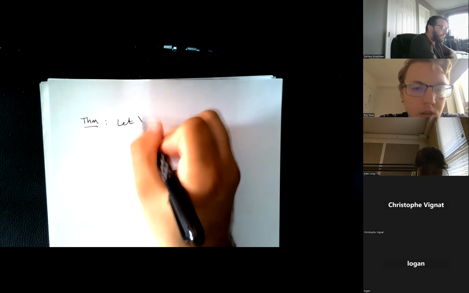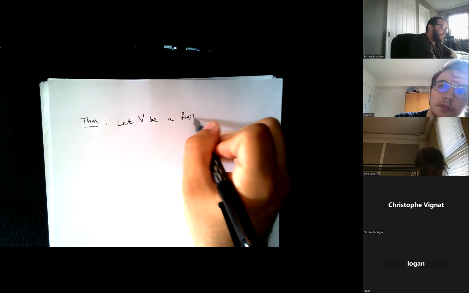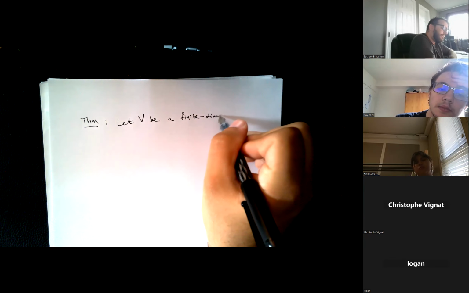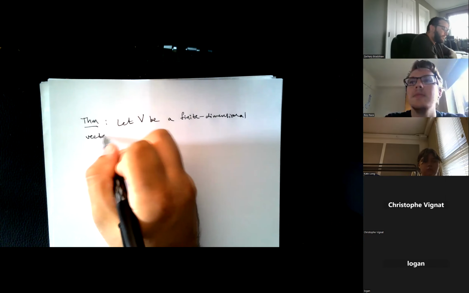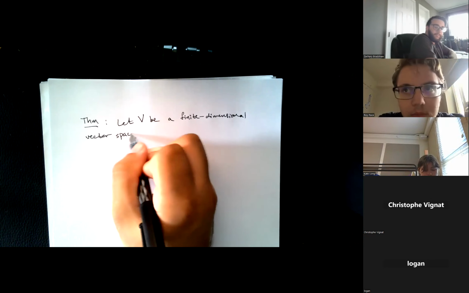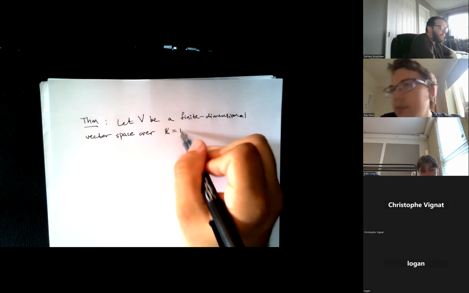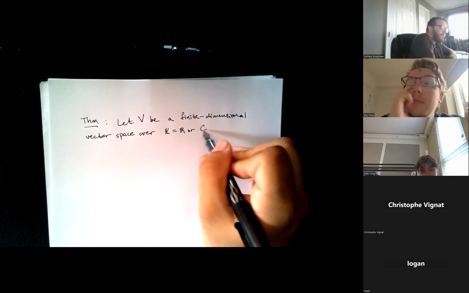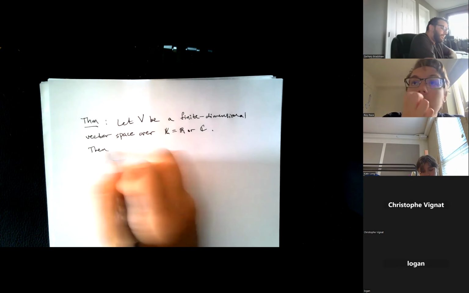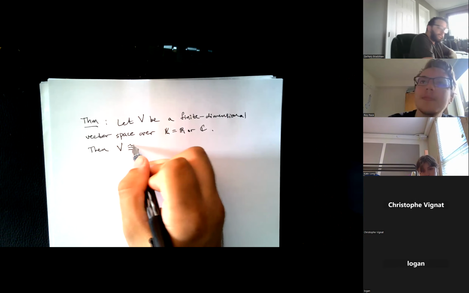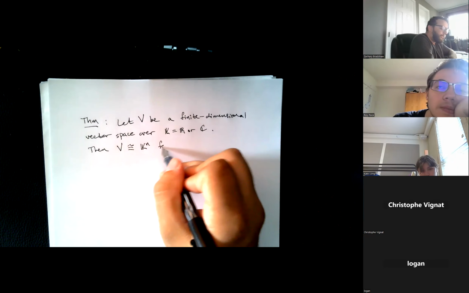So let V be a finite dimensional vector space over the field K, which we're taking to be R or C. Then this vector space is isomorphic to K^n.